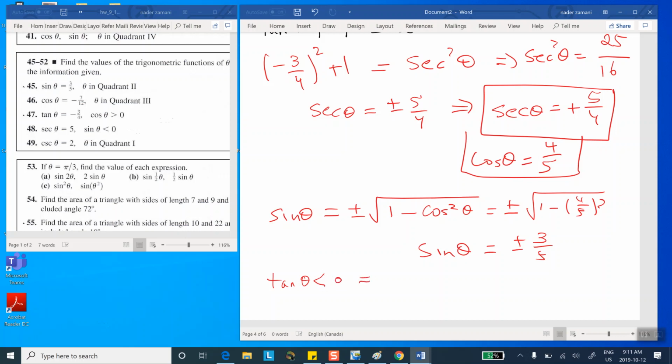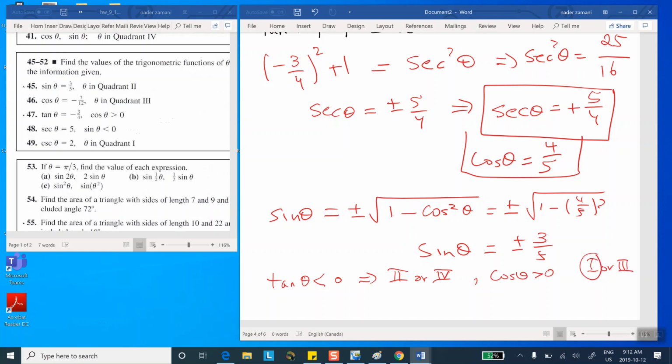That means you are either in quadrant 2 or 4, right? And cosine theta was positive. That means you're either in quadrant 1 or 3.